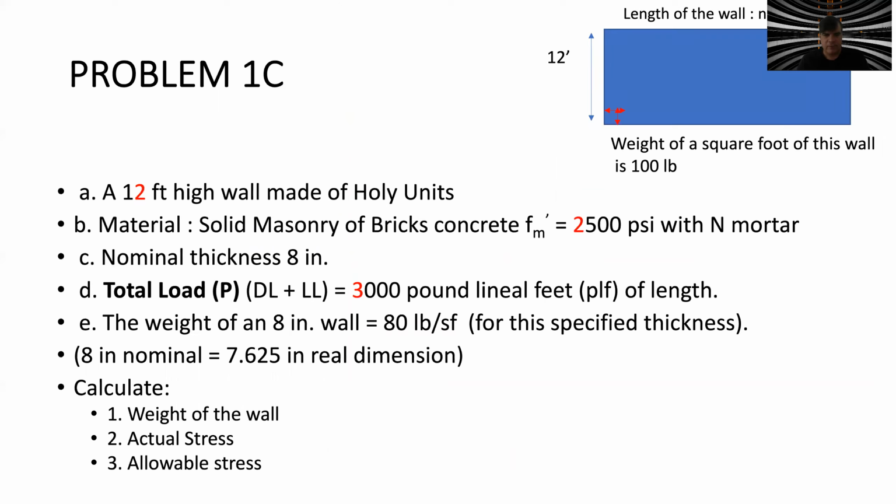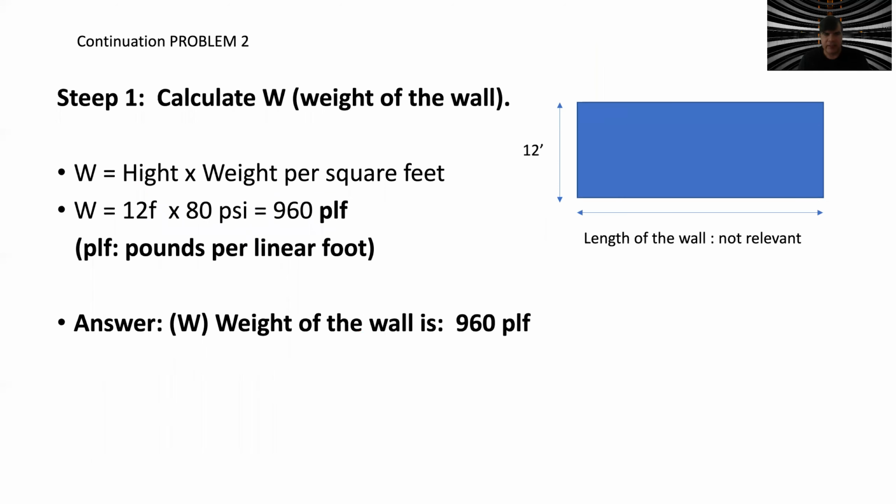Again, we have a particular total load that is 3,000 pounds. The weight of this particular wall is the same as the problem before. It will be 80 pounds per square foot. The real thickness is the same, it is 7.625. We need to do the same calculation: weight of the wall, actual stress, and the allowed stress.